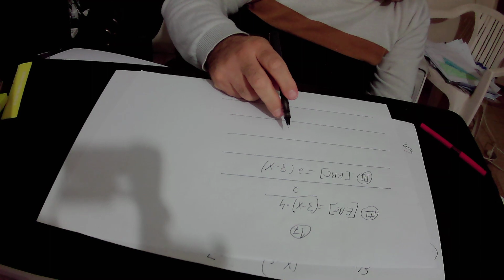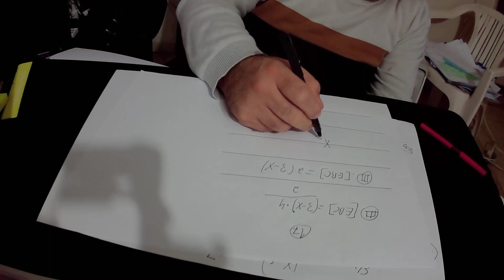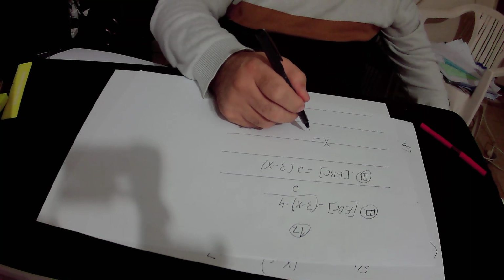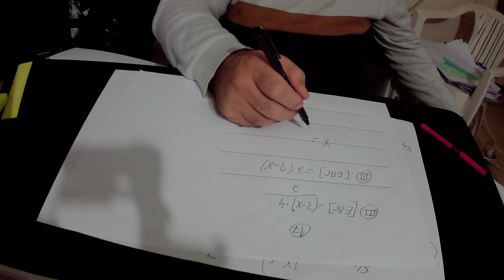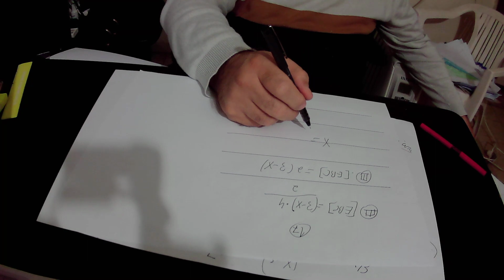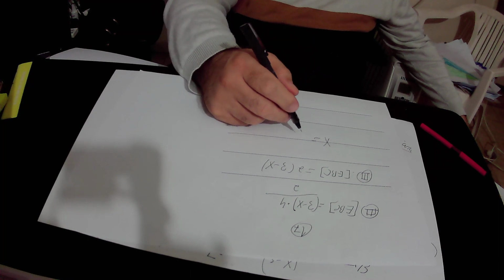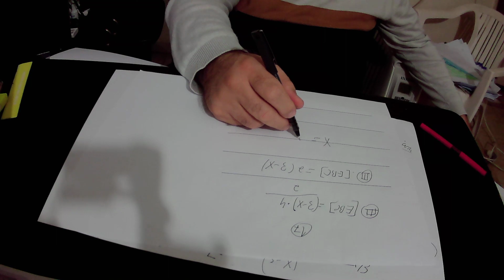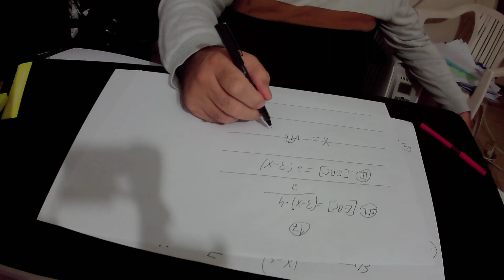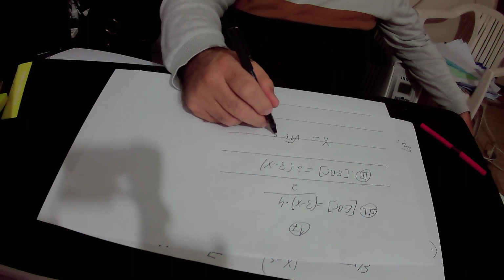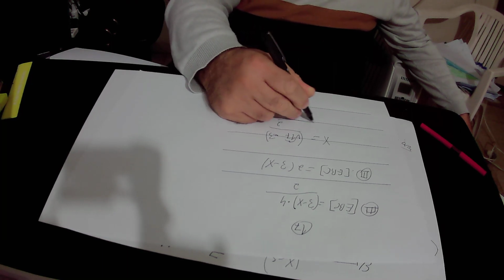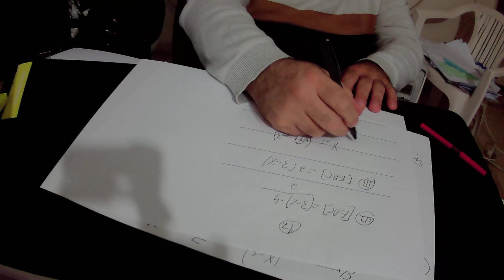So we have already found out that x equals square root of 17 minus 3 over 2. This is the value of x according to equation number 2.